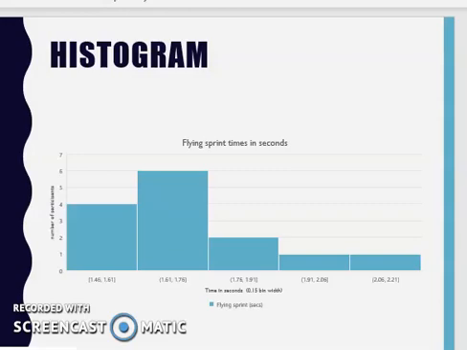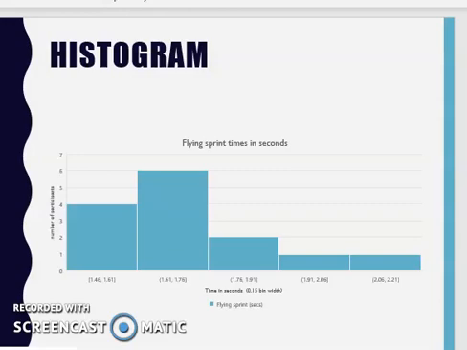Histograms. A histogram looks like a bar chart, except the area of the bar and not its height shows the frequency of the data. Histograms are typically used when the data is in groups of unequal width. A histogram is a graphical display of data using bars of different heights.